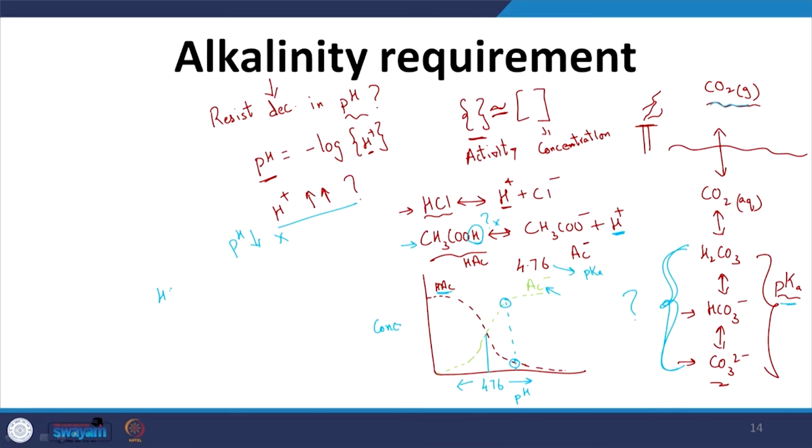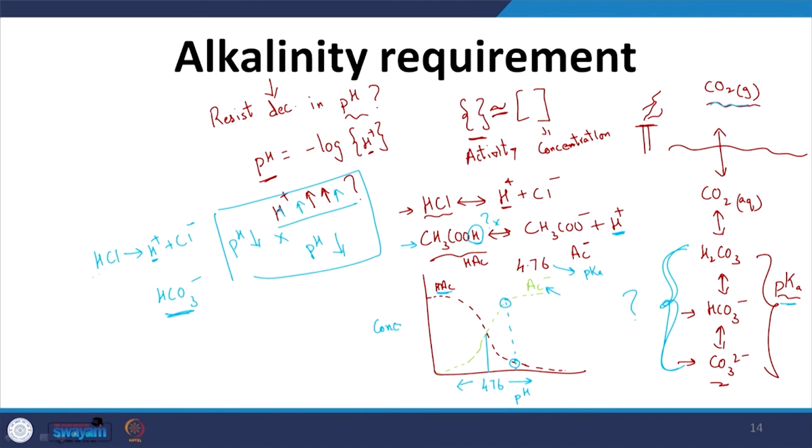For example, I have HCO3 minus in my solution, and I add H plus from another acid. Let us say I add HCl to water and that goes to H plus and Cl minus. If there is nothing else, this H plus will add to the other H plus already there, the H plus concentration will increase, then pH will decrease. That is the usual way. But if I have HCO3 minus, what will it do?